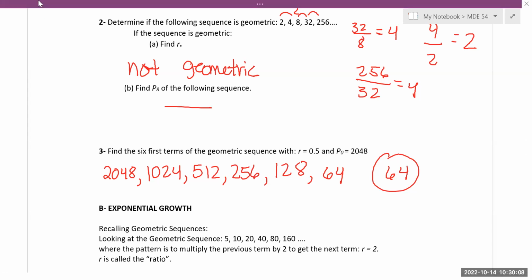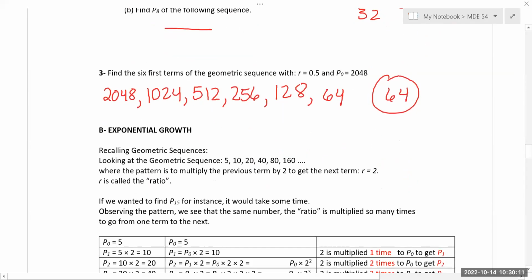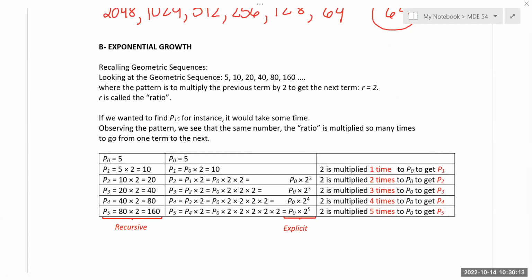Okay. And how that all comes together now is with this idea of exponential growth. So with exponential growth, come back to that original one, 5, 10, 20, 40, 80, 160. And our R was 2. So here was my P of 0, it was 5. P of 1 was 5 times 2.